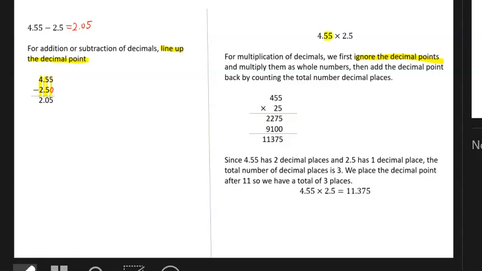Where do we put it? We need to count the total number of decimal places in both numbers, which is 1, 2, 3. And then we place the decimal point right here, because we had 2 decimal places plus 1, that's a total of 3 decimal places. So in the answer, we should also have 3 decimal places.